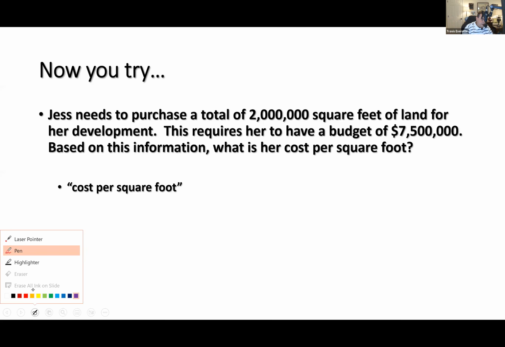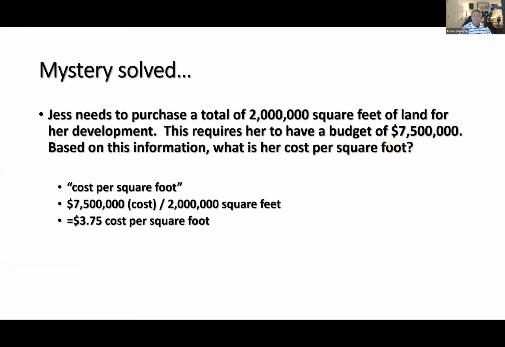Well, there's our question. What is her cost per square foot? And we know that cost per square foot is the same thing as cost divided by square feet. And so we have a total cost of $7,500,000. And notice I just brought that down. Her budget, her cost. There's that.